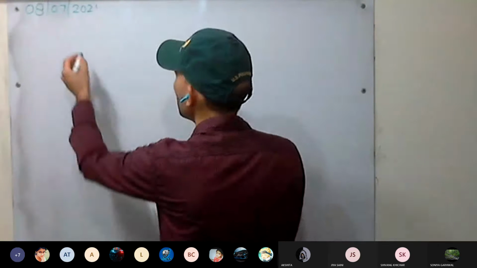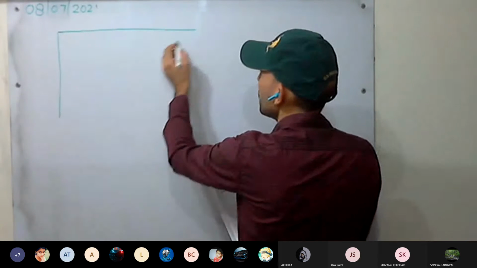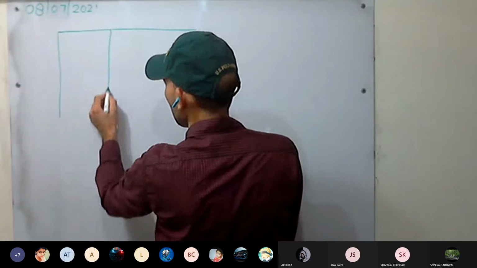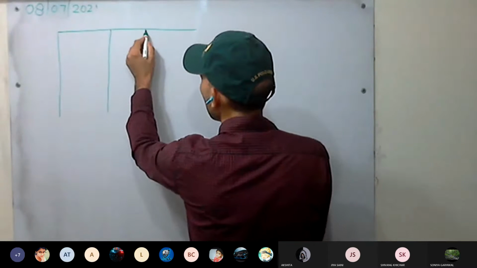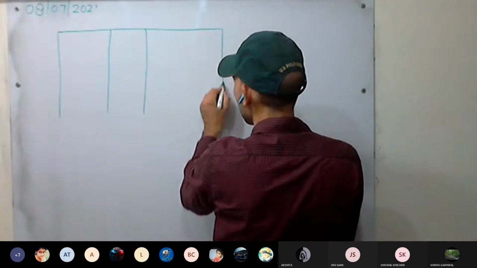So first is the items, second is the money spent, and third is the angle.